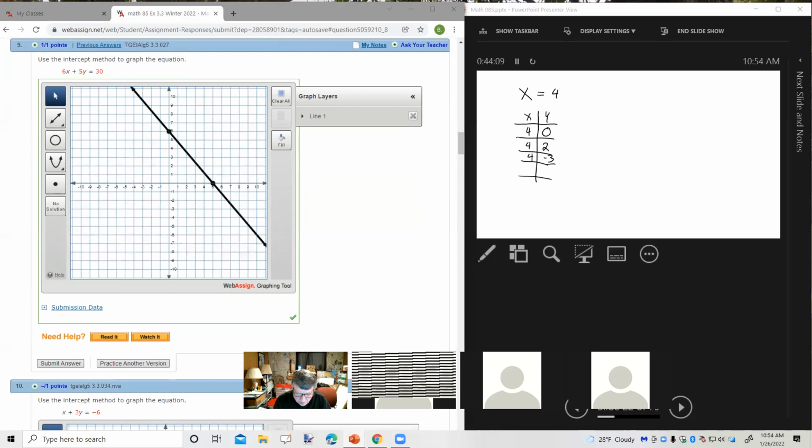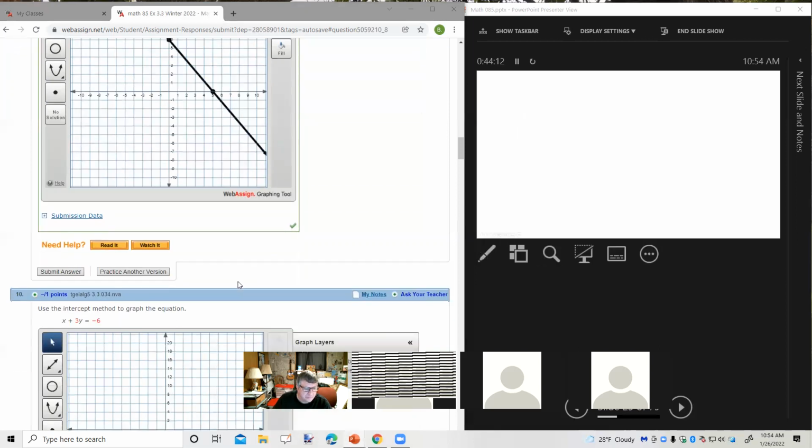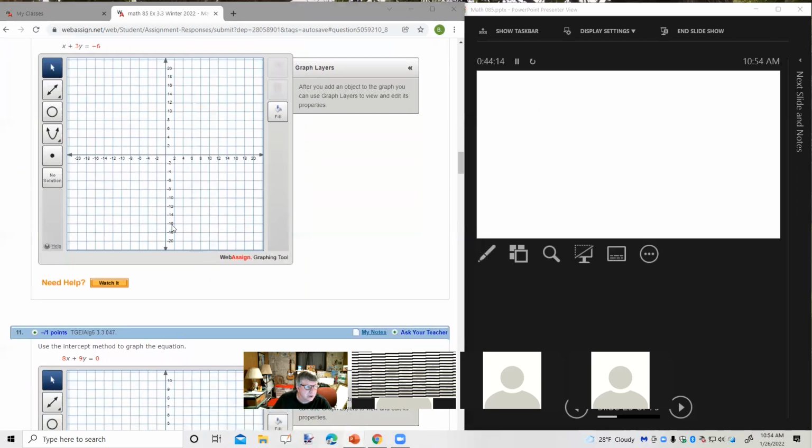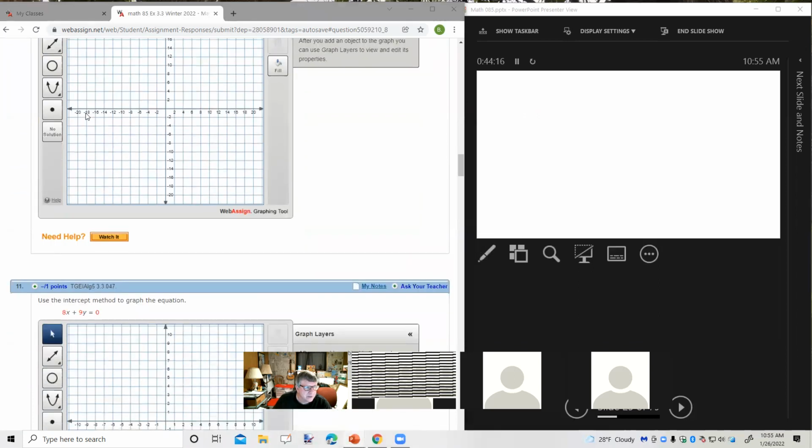So what's that going to look like as a graph? I'm not going to use the x plus 3y equals -6. I just want to use this grid to show.